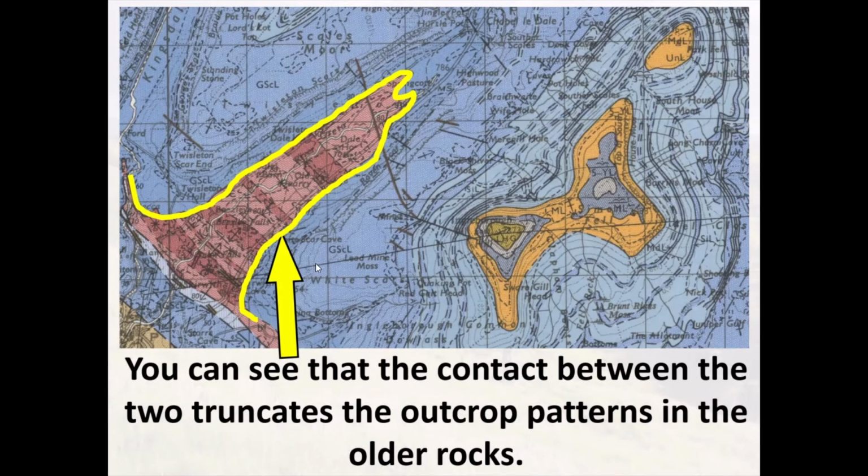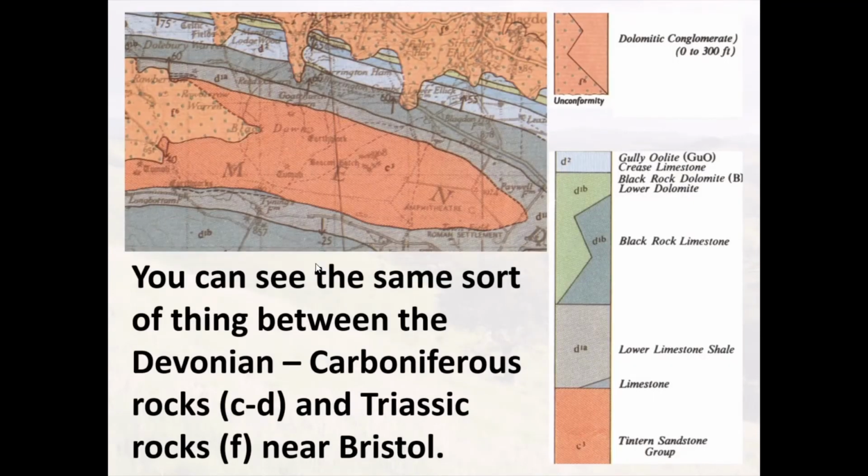You can see the same sort of thing in the Devonian and Carboniferous rocks and Triassic rocks near Bristol. Here we've got an antiform, which is caused by Devonian rocks, and then on top of that we've got layers of Carboniferous rocks.